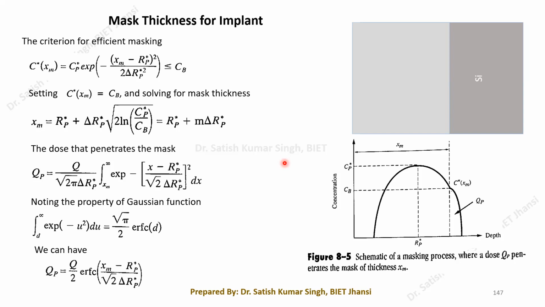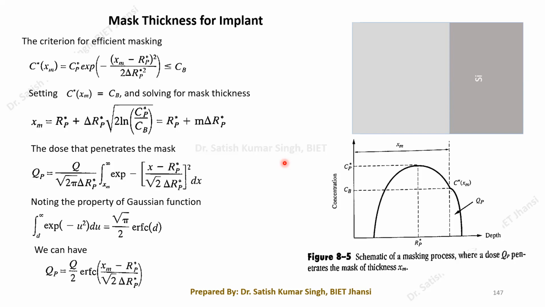In case of ion implantation, most of the time we use photoresist as a masking layer. It doesn't mean that SiO2 cannot act as a mask. SiO2 also acts as a mask, but we need to take a very thick layer.